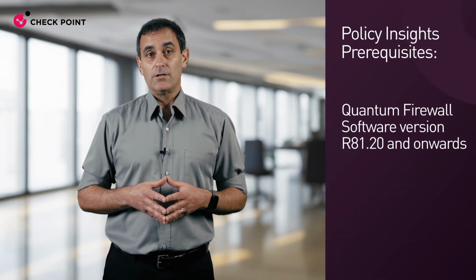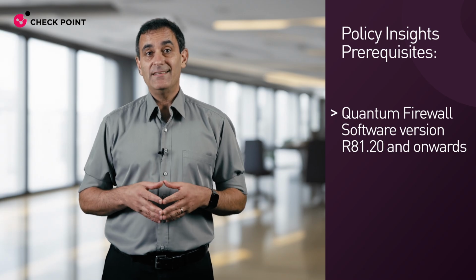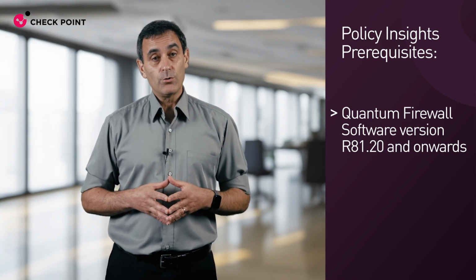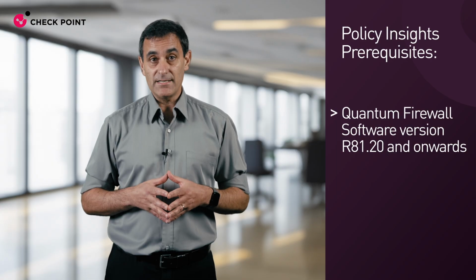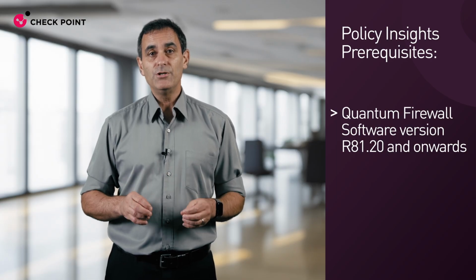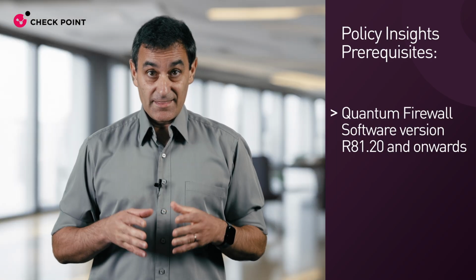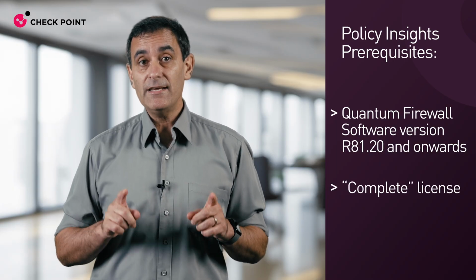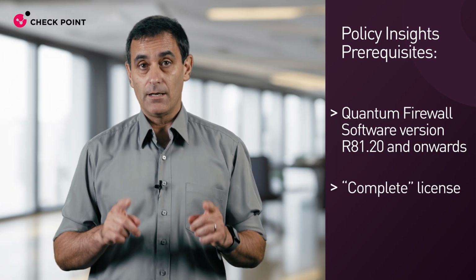Before we go any deeper, there are a few prerequisites and basic information you should have. Quantum firewall software versions that support this feature are R81.20 and onwards, including, of course, the latest R82 release, which comes with a lot more new innovative features. This feature can be enabled only if you have the complete bundle license.